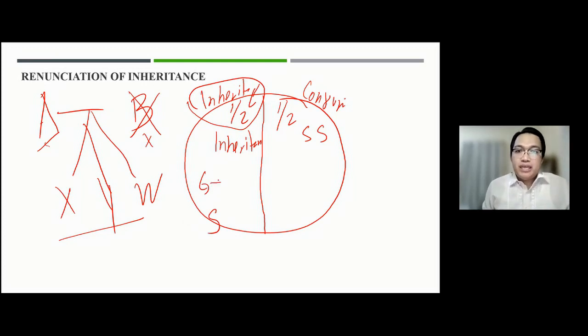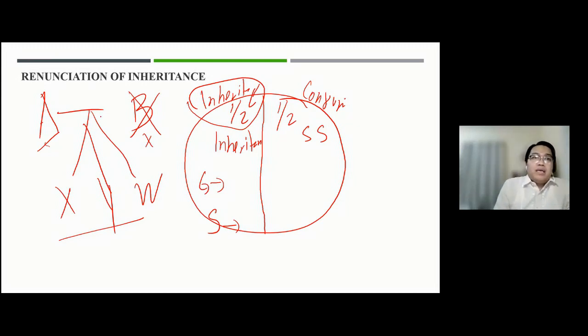When you say general renunciation, you just repudiate the inheritance and you do not identify the person to whom these properties will go. Okay? Hindi mo sinabi kung kanino mapupunta. Sabi mo lang, ayaw kong tumanggap ng mana. Okay? When you say special renunciation, you identify the person or persons who will receive your share on the inheritance. Okay?